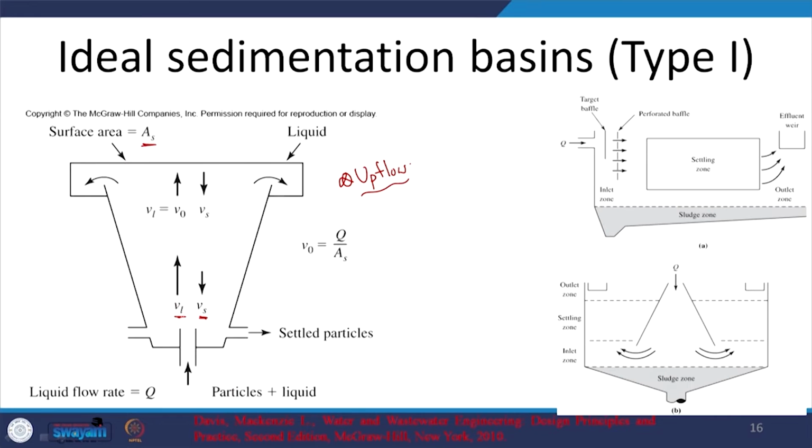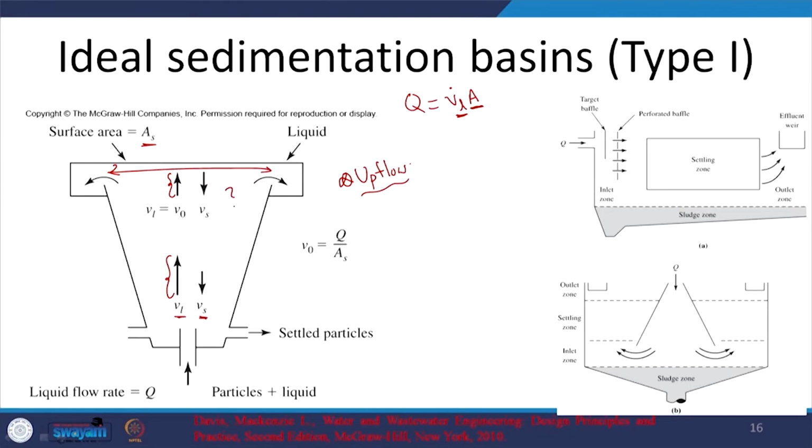I know that Q is equal to the velocity of the liquid times the cross sectional area. For a smaller cross sectional area the velocity will be higher, but if I increase the cross sectional area for the same flow rate, the velocity is going to decrease. So, that is what we see here: it is relatively higher, and with a greater surface area the velocity of the fluid flow is going to decrease.